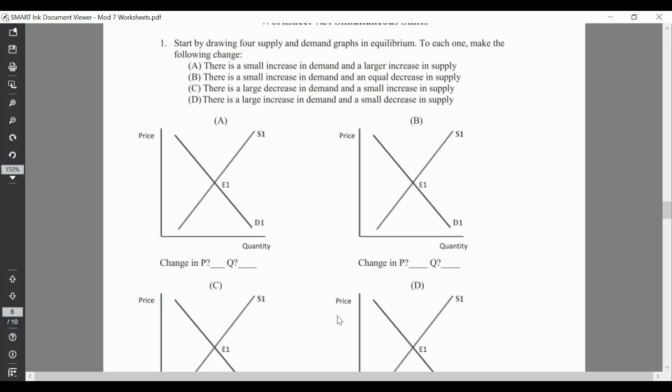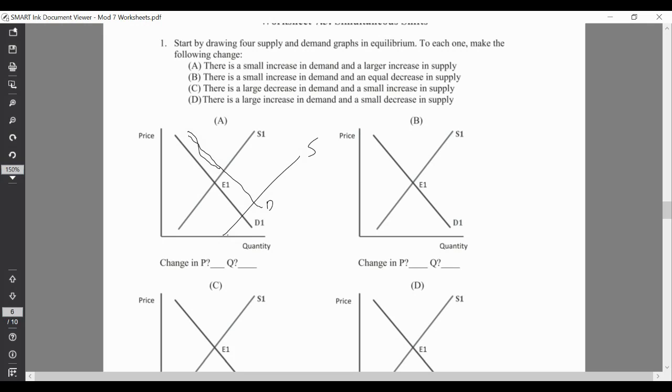In graph A, there's a small increase in demand and a large increase in supply. Oh, that's terrible writing. Small increase in demand, but a large increase in supply.